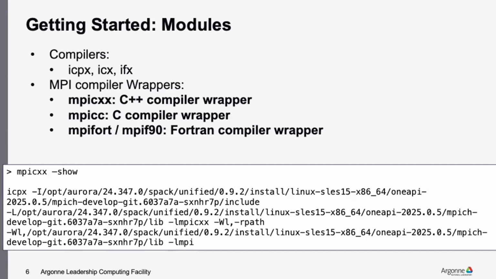But usually mpicxx or any of the other MPI wrappers with -show will tell you exactly what you're linking in. That can be useful if you're not sure what libraries the MPI executable is linking in. It pulls in MPICH by default. On some systems the compiler wrappers also pull in math libraries by default, but here it doesn't do that. So you'll need to link those in with library names and paths.